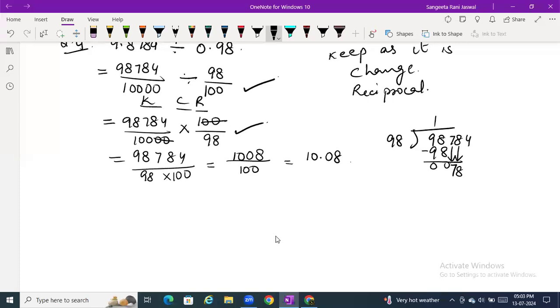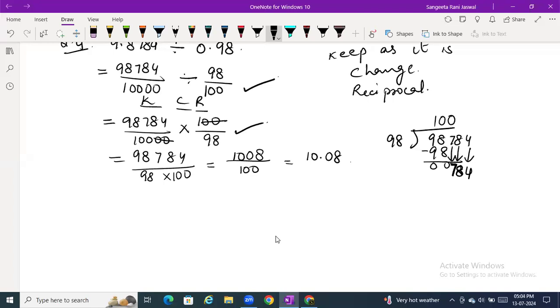So when I could not divide by 7, I had to put 0 here. Now, when I have 8 here, it became 78. Now also the number is smaller than 98. So I cannot divide again. So I will put one more 0. Okay, now I'll drop down 4 here. This is 784. Now this number 784, it is greater than 98.